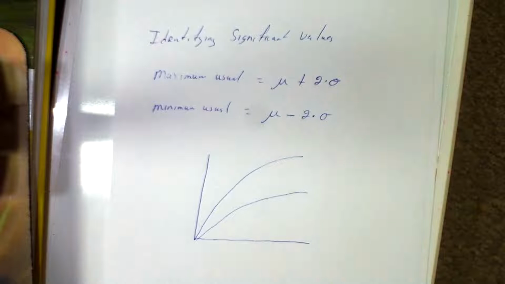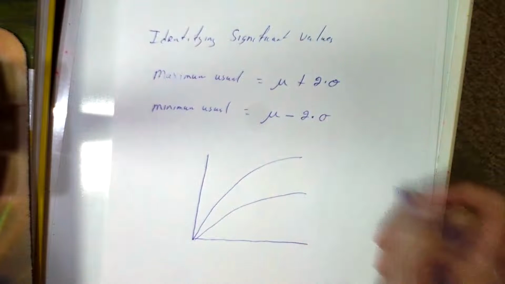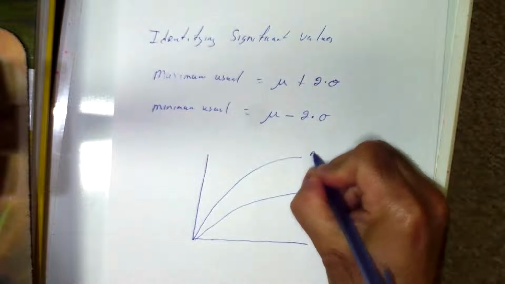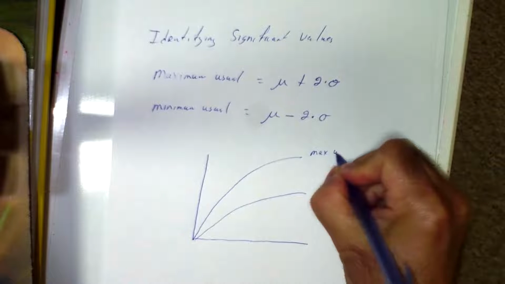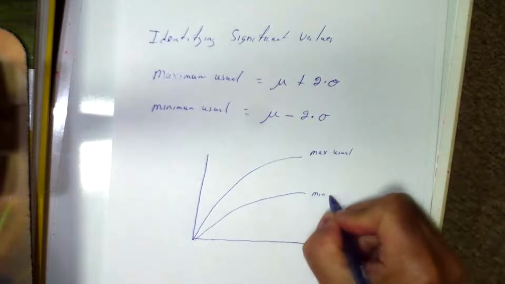So what they do is they compile all the data from the previous years of all the babies, and they record the circumference of the child's head. So there is a minimum and there's a maximum. So this one is your max usual, and this line is your minimum usual.